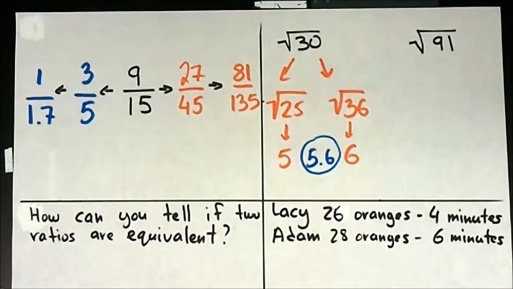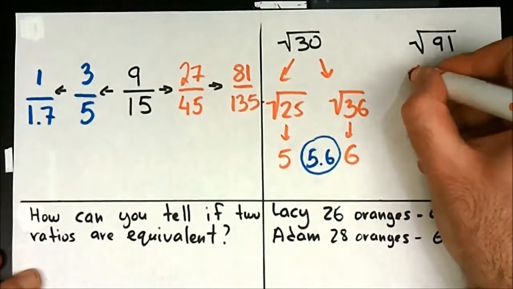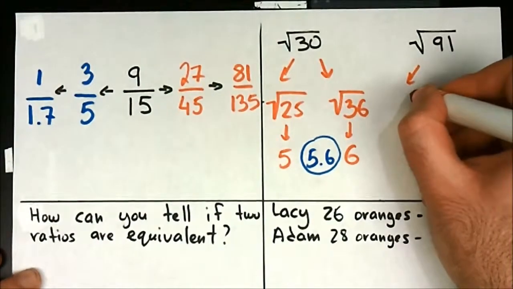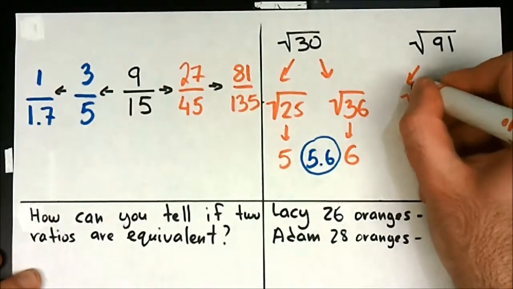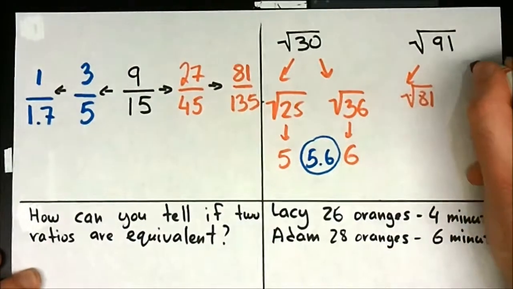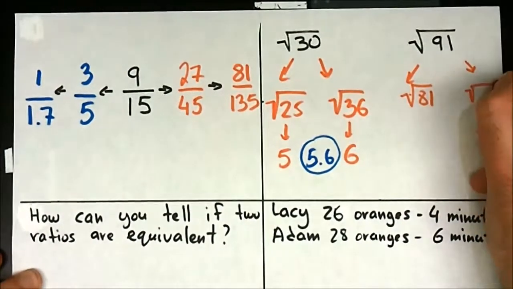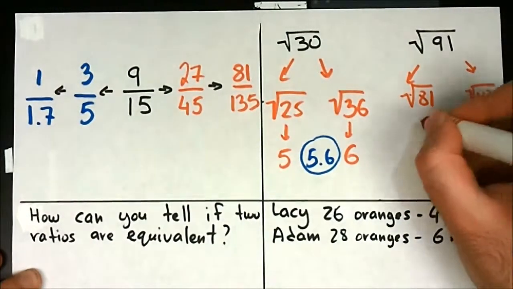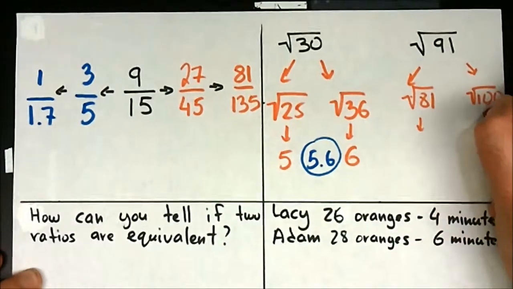Same thing for the 91. 91 is not a perfect square. But what are some perfect squares between which 91 falls? On the lower scale we have 81. On the higher scale we have 100. And what are the root answers for each of these?